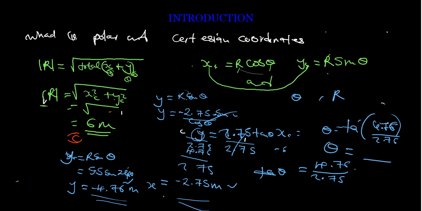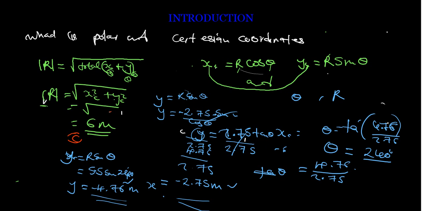For sure you will find the same 240, so it will be 240 degrees. After finding this 240, you say, okay, now I need my r. You can use one of x or y.